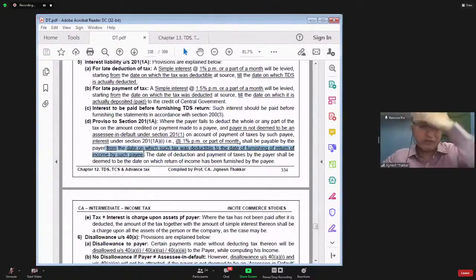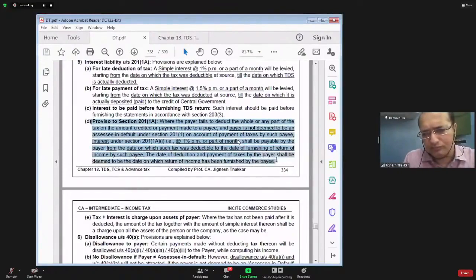So the government says we will levy interest to the payer only at 1% per month or part of the month from the date on which that tax was deductible to the date on which the income tax return is filed by the payee. Have you understood this case? Yes or no?